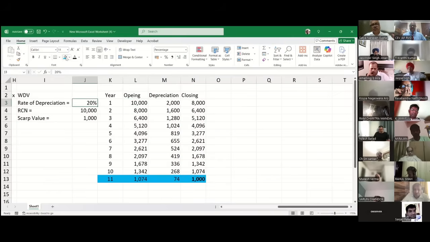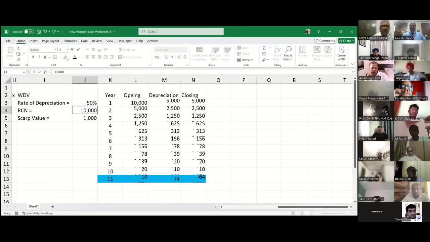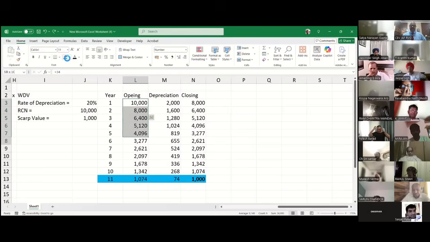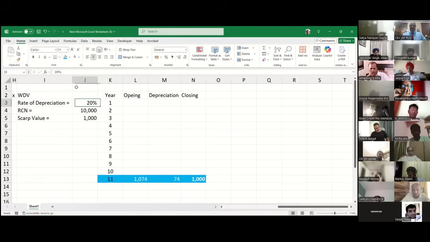Okay. Find out: rate of depreciation is 15%, and scrap value is 5,000 rupees. Tell me, what will the first year be?